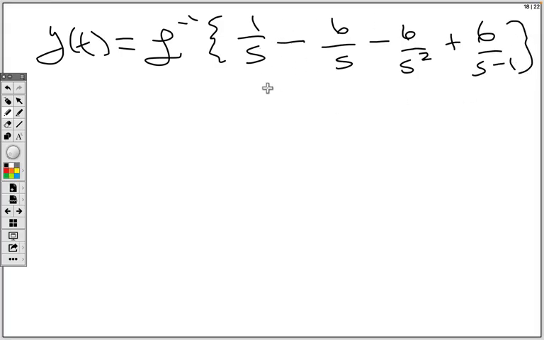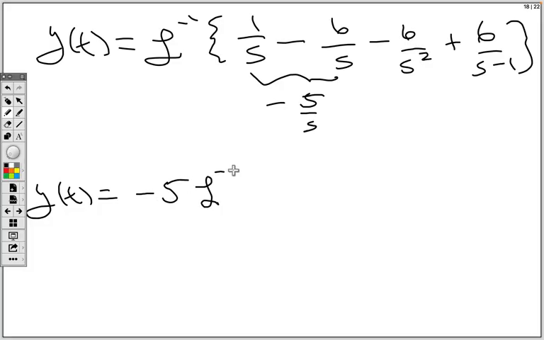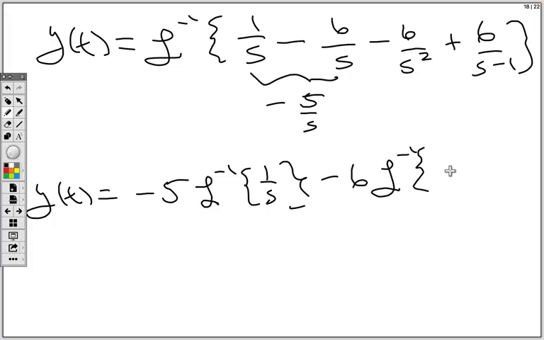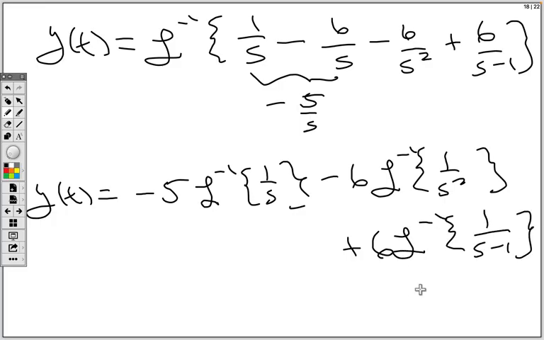So once again, let's take this opportunity to combine these. And so y of t is, once again, using linearity, minus 5 inverse Laplace of 1 over s, minus 6 inverse Laplace of 1 over s squared, plus 6 inverse Laplace of 1 over s minus 1.